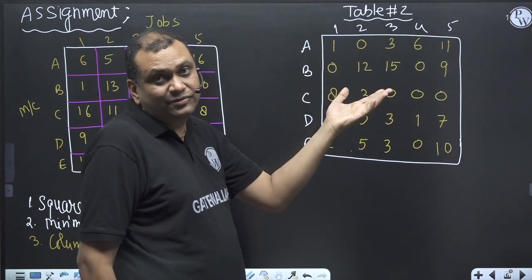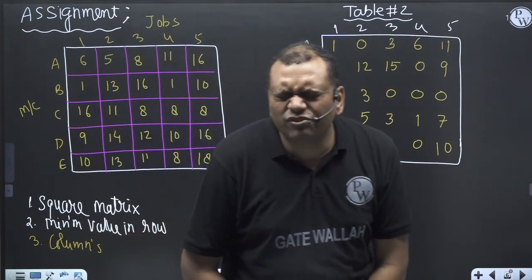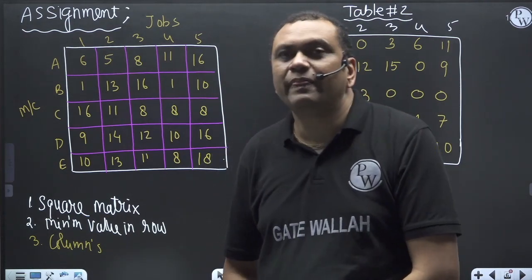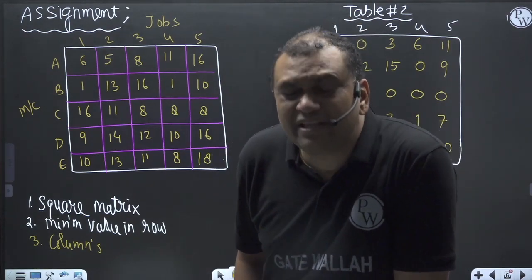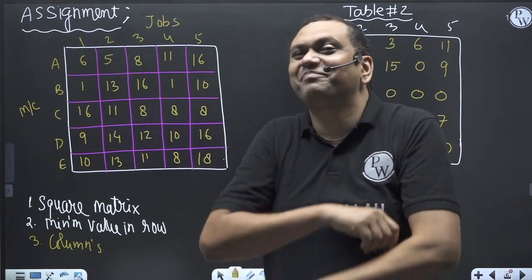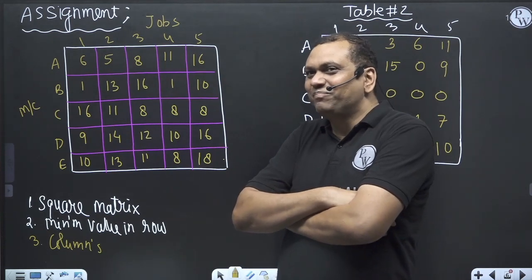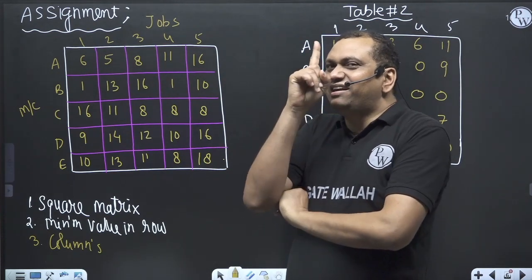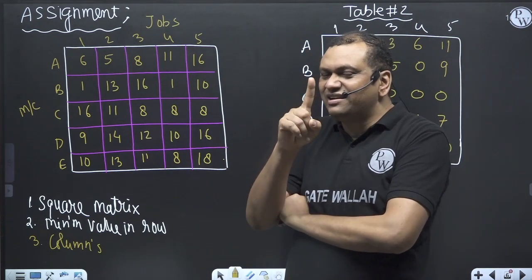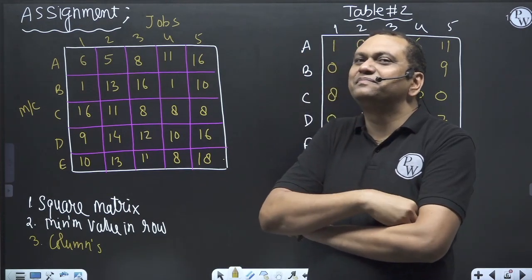You will get 1 zero. So for iterations, 1 zero must be there in each and every row and each and every column. Then the first step is over.